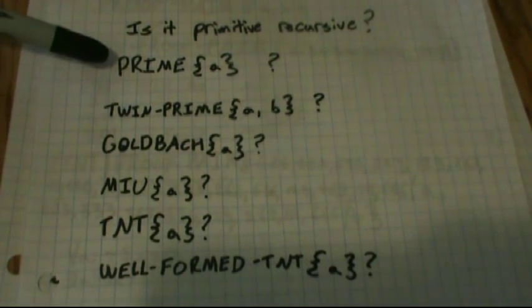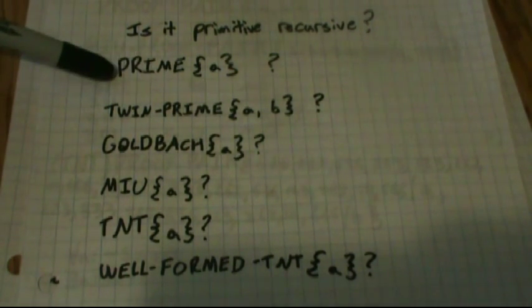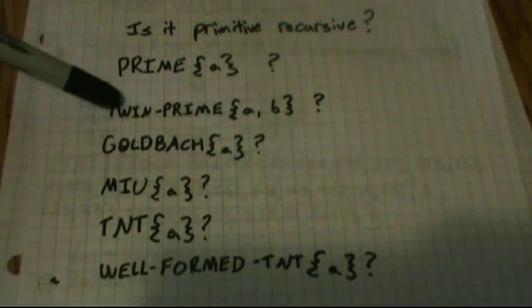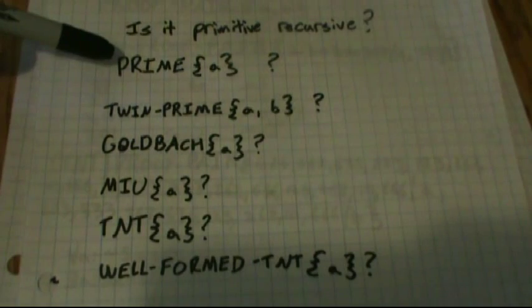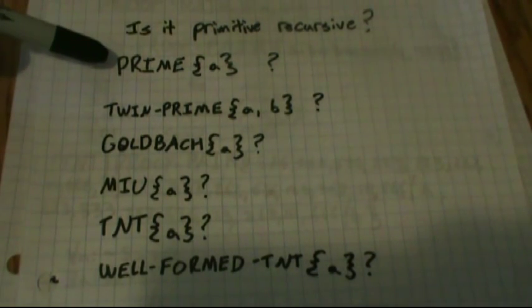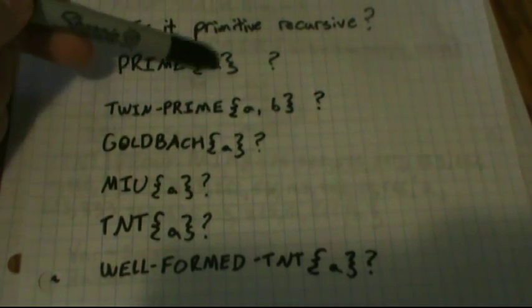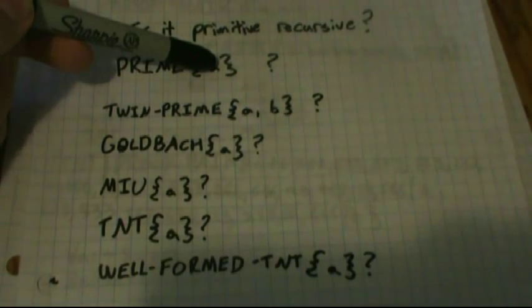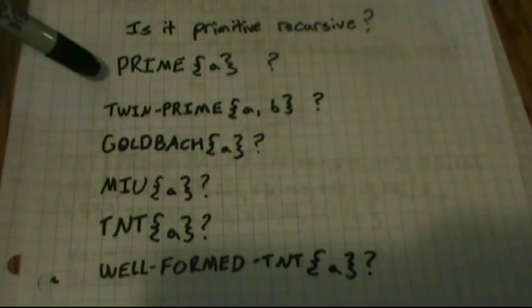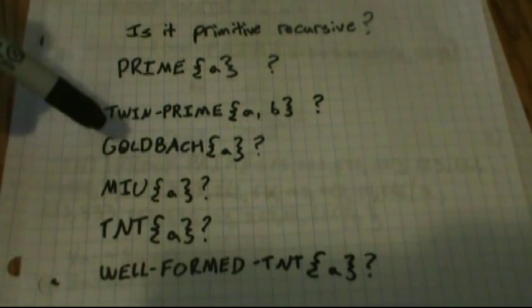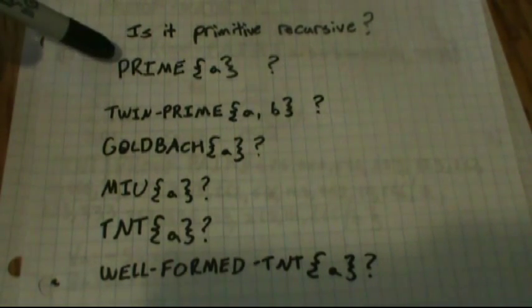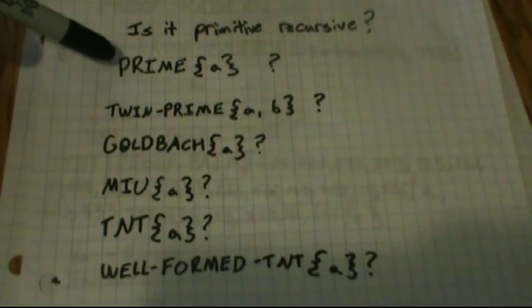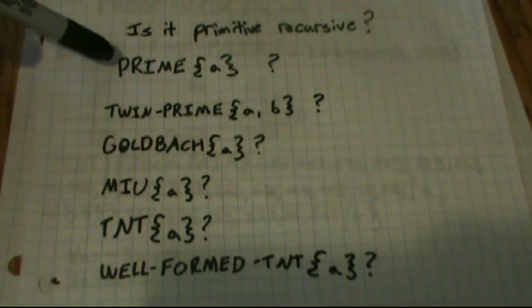One way to think about it is whether or not a given search of whatever form for a property, can you tell for sure whether that search is going to end or not? If we substitute a number in for A, are we going to be able to tell whether that number is prime or not in some sort of finite, if unimaginably large, quantity of time? And yes, of course, a prime number is just a number that does not divide into any other number evenly besides 1 and itself.